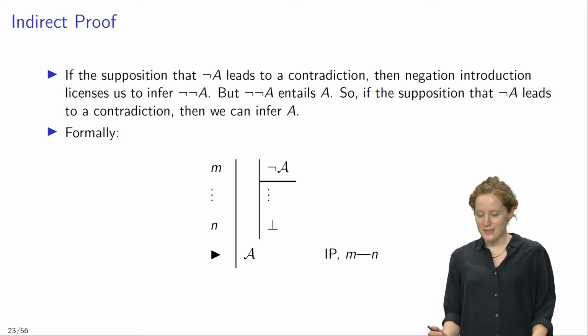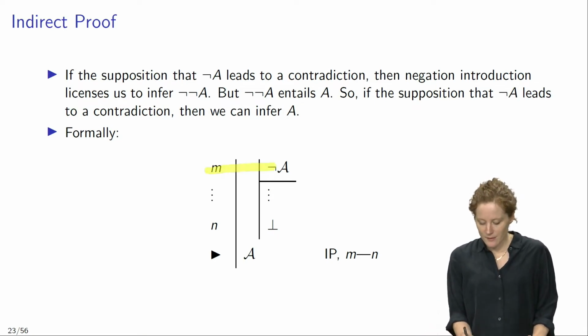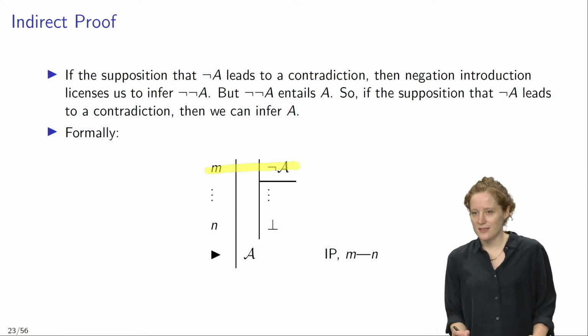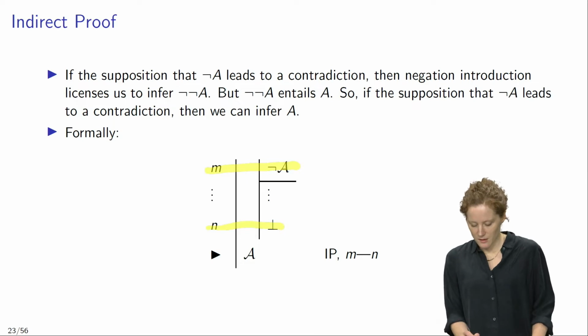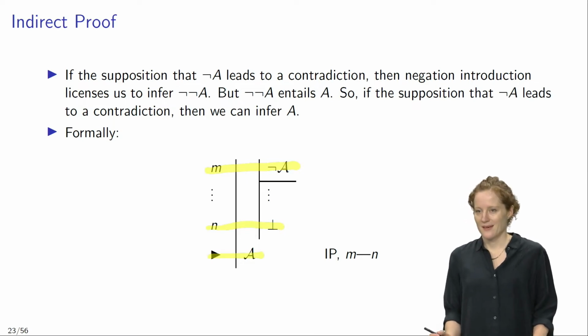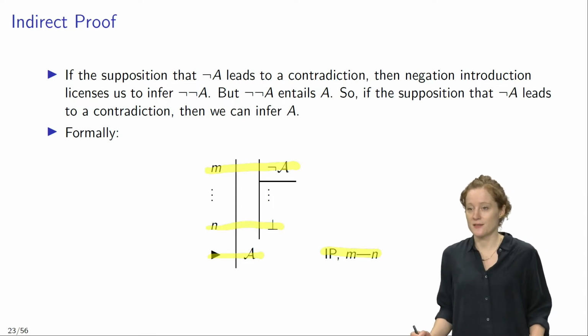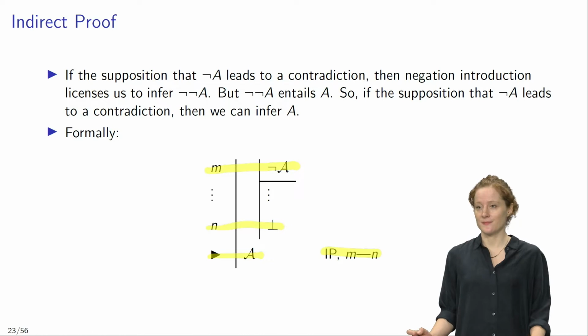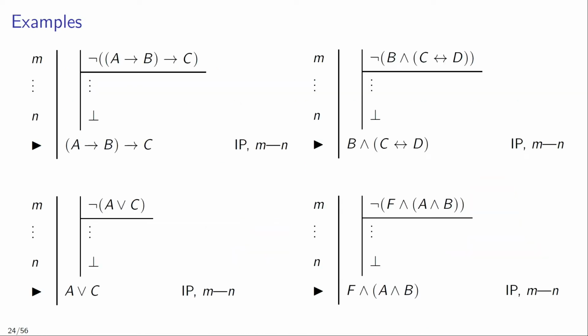Formally speaking, it looks like this. If the supposition that not A leads to a contradiction, you can infer A, and justify this inference by citing indirect proof as applied to the subproof from line m to n in this example. So here are again a few examples illustrating the use of this rule.